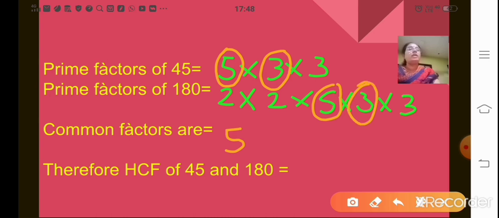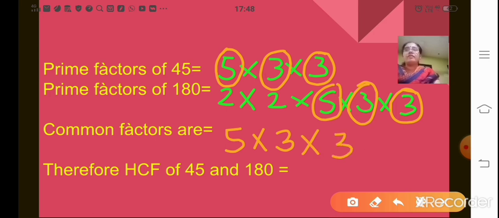One more 3, here also it is there, and here also it is there, so it is common. Now when you multiply, 5 threes are 15, and 15 threes are 45. So what is the HCF? HCF of 45 and 180 is 45.